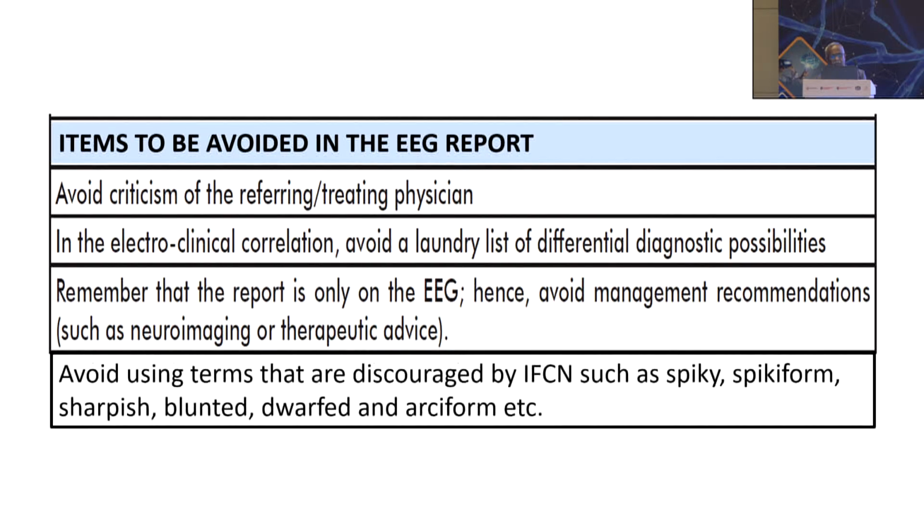And remember that you are only reading the EEG, unless you are the person who has seen the patient and got the EEG done. Avoid management recommendations, such as that this patient should have neuroimaging or that some other anti-seizure medication is better than the present one being used. Such statements should be avoided.